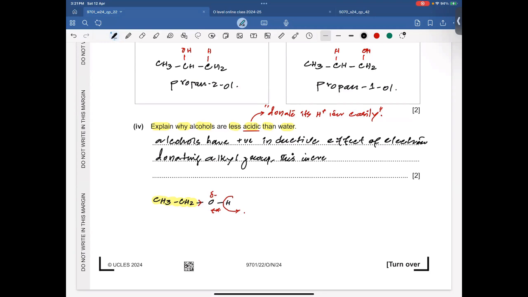This increases the electronic density on the oxygen atom.